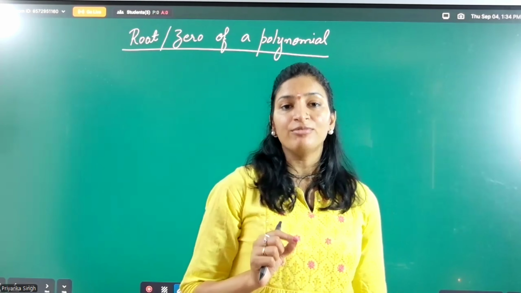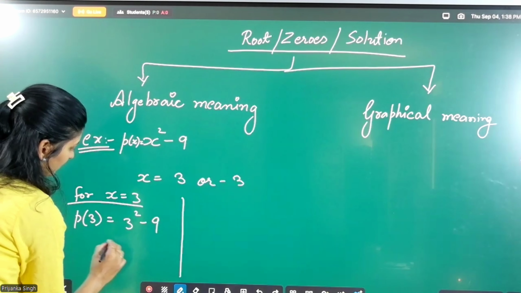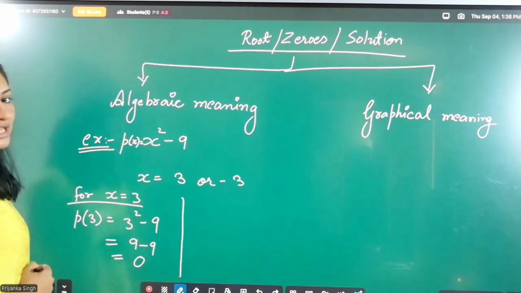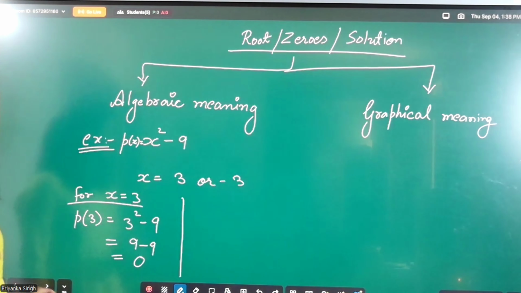So for x is equal to 3, our p(3) will become 3 whole square minus 9, which is equal to 9 minus 9, which is equal to 0. So our whole algebraic expression becomes 0 here. Now let's see what value we get for x is equal to minus 3. So our p(minus 3) becomes the square of minus 3 minus 9, which is equal to 9 minus 9.